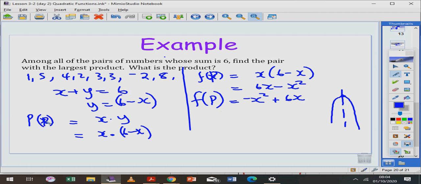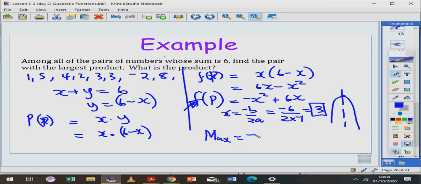When I substitute that 3 into this function, it should give me the maximum value. So the maximum value is going to be -3 squared plus 6 times 3, which is -9 plus 18, which is 9. So that is the maximum product of x and y.